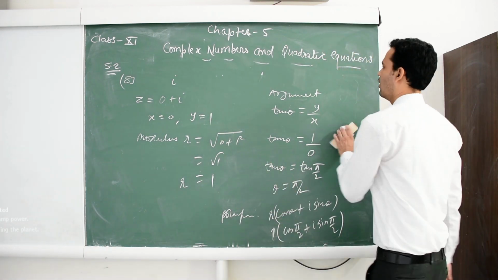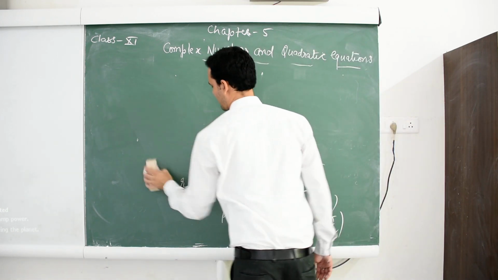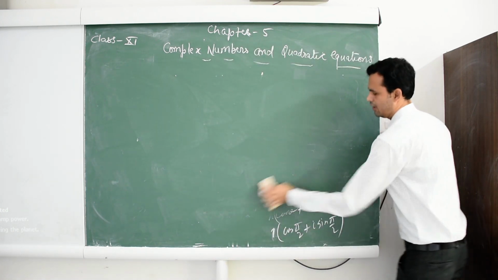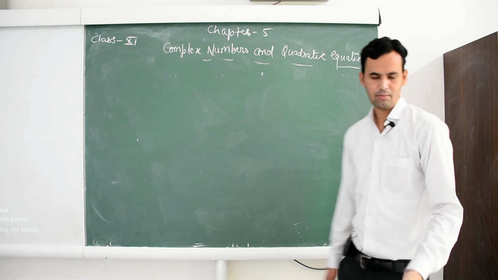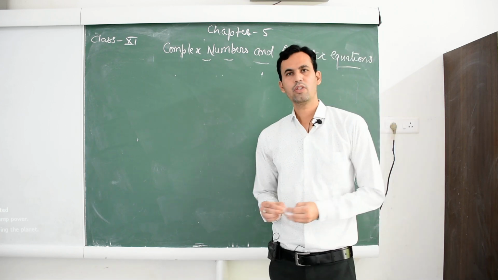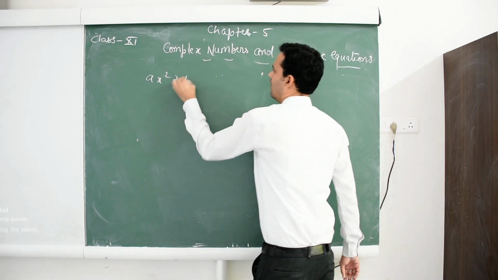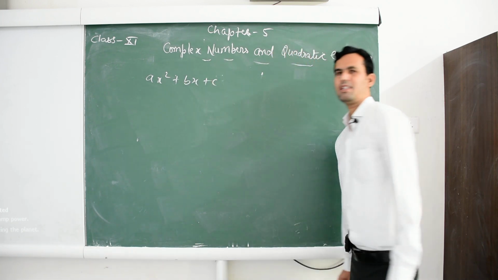Now the next topic is quadratic equation. You are familiar with this concept. In 10th class you have chapter number 4 as quadratic equation. So same concept. Quadratic equation means an equation in the form of ax square plus bx plus c.